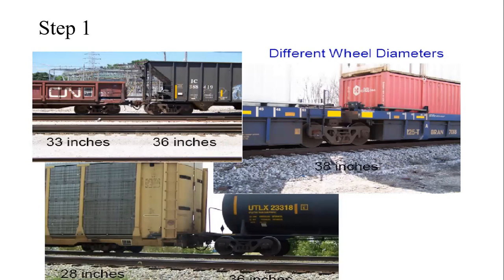For instance, we may have a weak train traffic, or train traffic, that has got 28 inch. So while calculating dynamic load, we'll use the least of the diameters that we have in the vehicles.